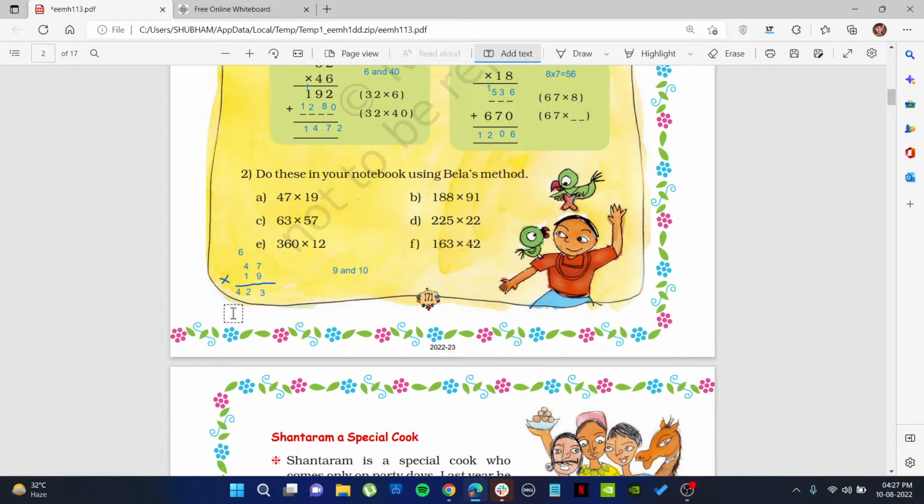So 47 times 10, which is pretty easy, it will be 470. Now our final step is to add these two numbers.